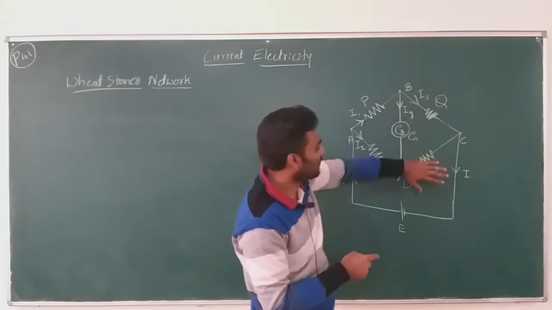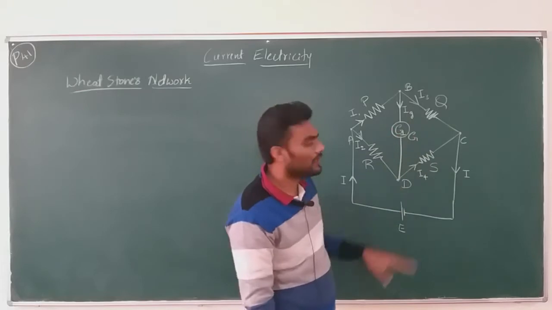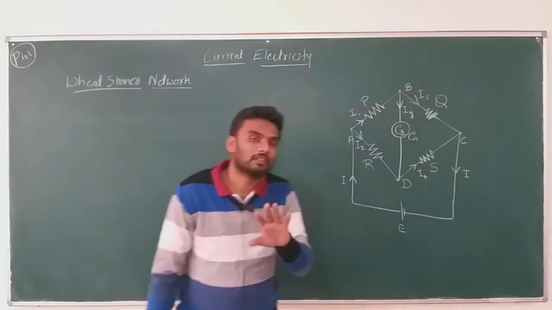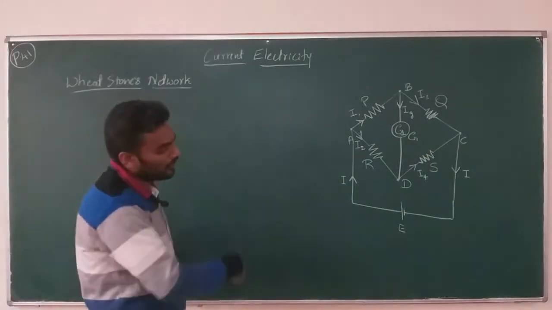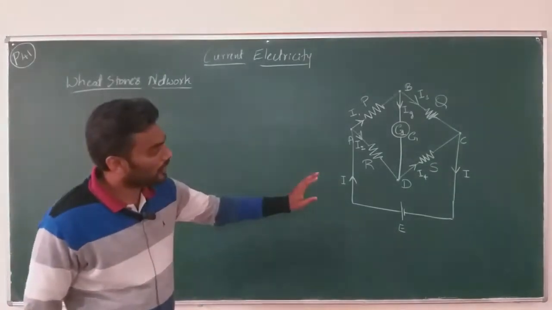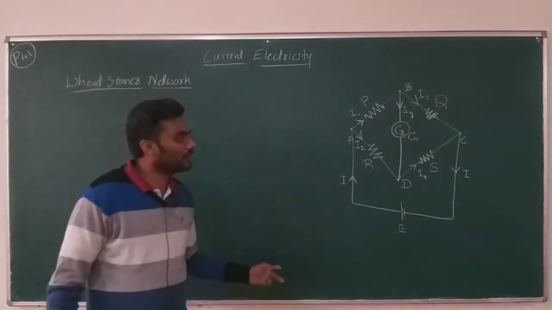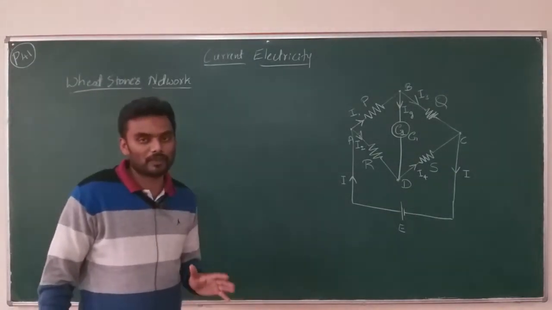Again it also depends on I3, I4 and all, but no need to worry. The direction of Ig is not going to affect the final result of the derivation. You will get to know, because you can take the Ig direction exactly in the opposite way and do the derivation again, you will get the same result. Okay, fine.